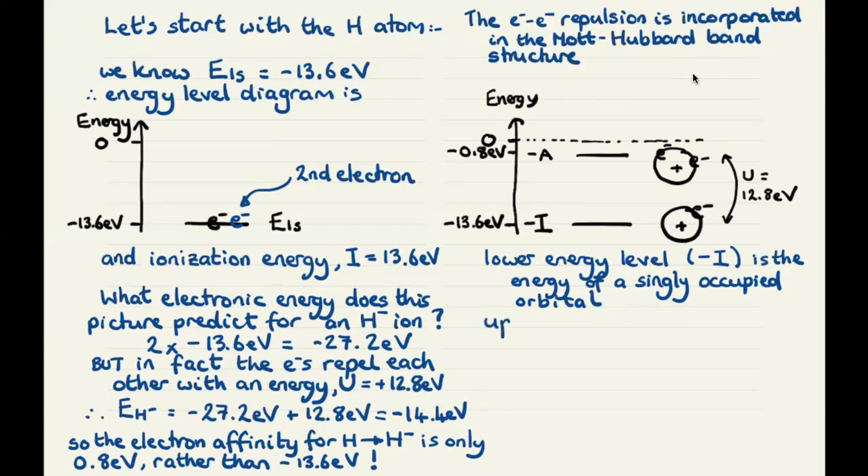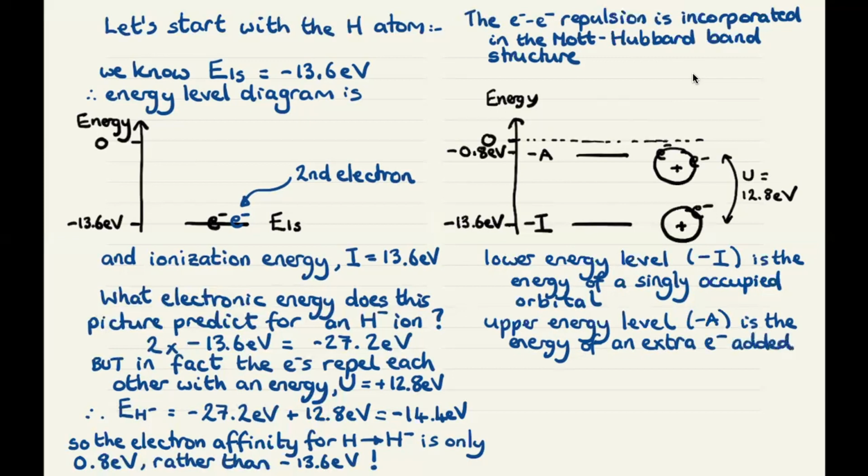And the upper energy level, this one here, that's at minus A, is the energy of an extra electron added to give a doubly occupied orbital.